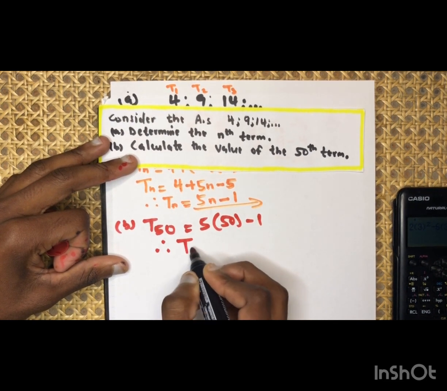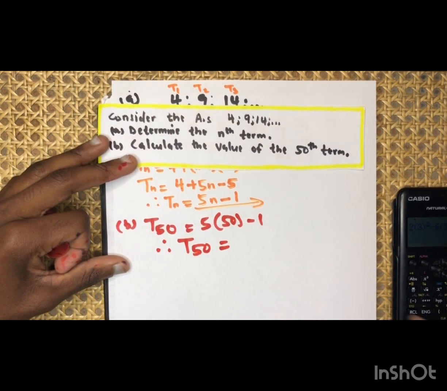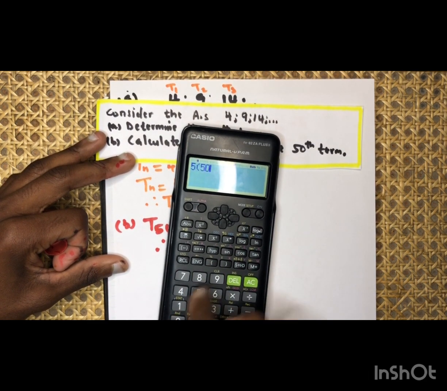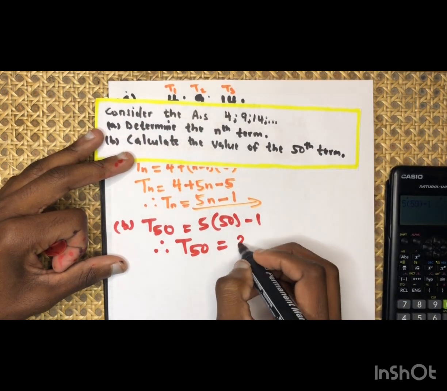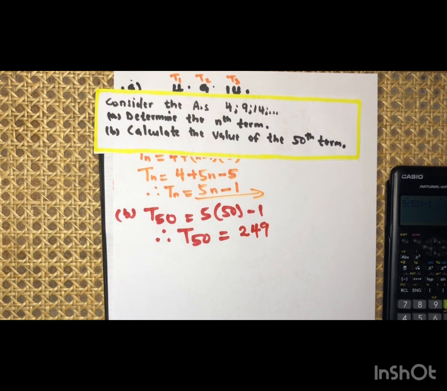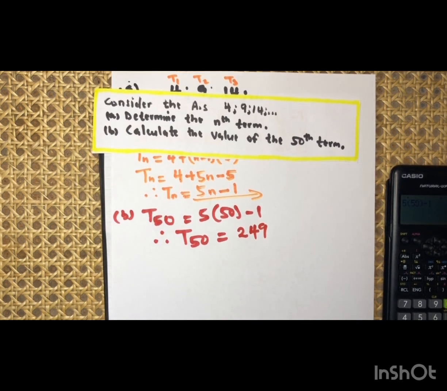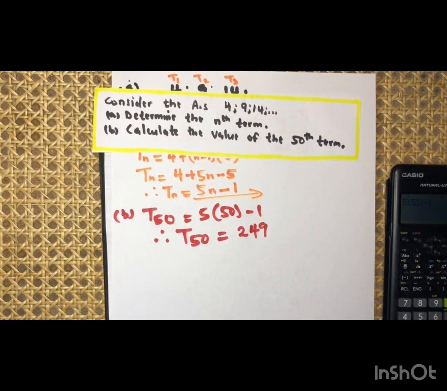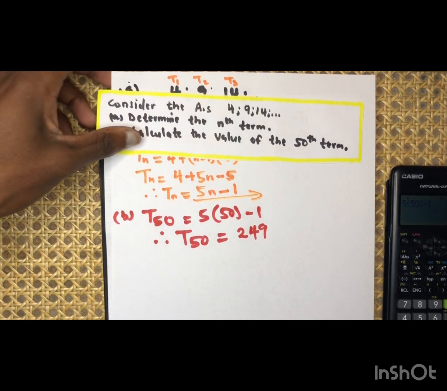So T50 is equal to 5 times 50 minus 1, what do we get? 249. So that's the answer. In other words, T50 is equal to 249. Understand? So I hope you are good. If you are good, then I'm good.